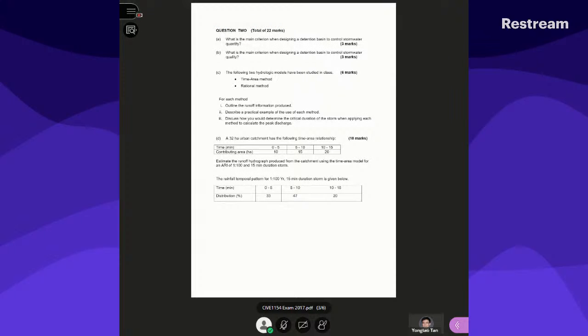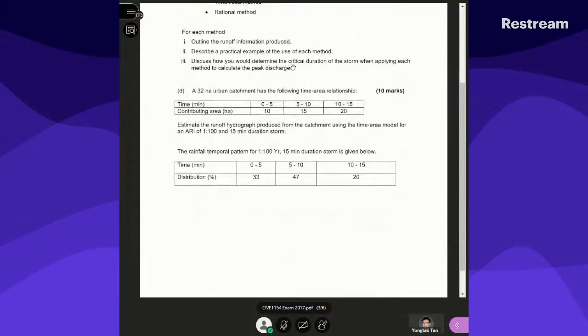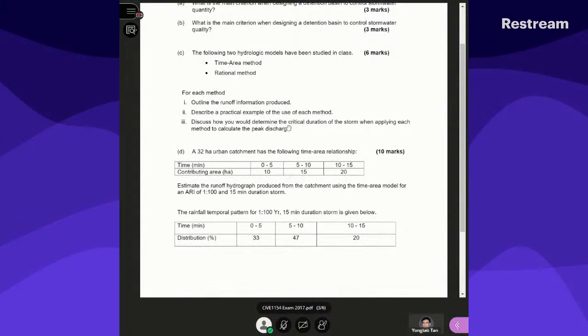Yes, this question: use the time area model to estimate the runoff hydrograph produced for the catchment for the ARI of, I think it's 100 years, and the 50 minutes duration storm.